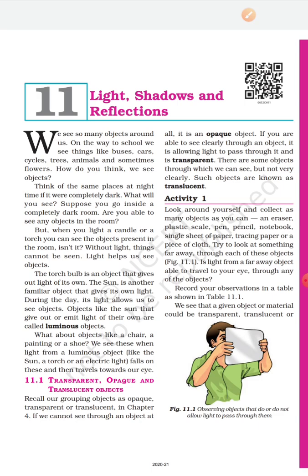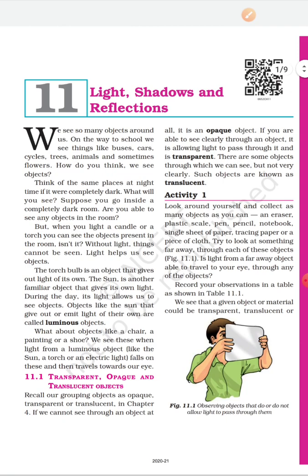Or in your room there is a bulb, which also gives its own light. So that is called a luminous object. But those objects which do not have their own light are called non-luminous. You can say chair, tree, or wall. So these objects are non-luminous objects.